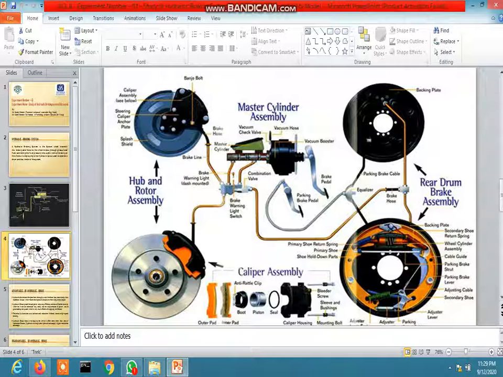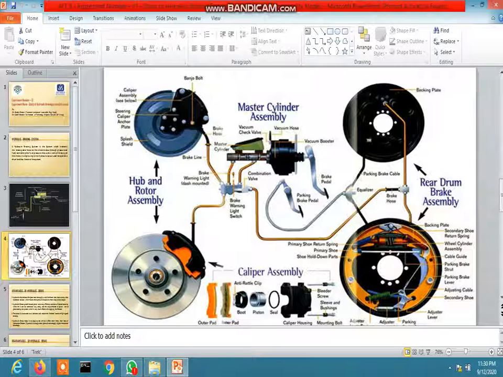That type of construction you may call a tandem master cylinder. And here the pistons are arranged in an inline position, so it is called an inline cylinder. So the tandem master cylinder's other name is inline master cylinder.